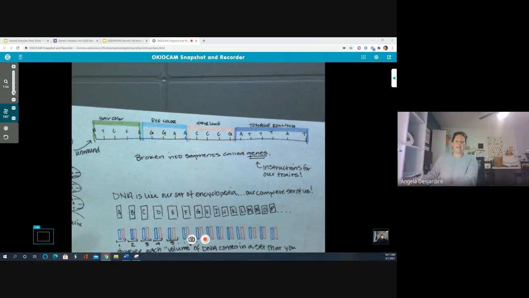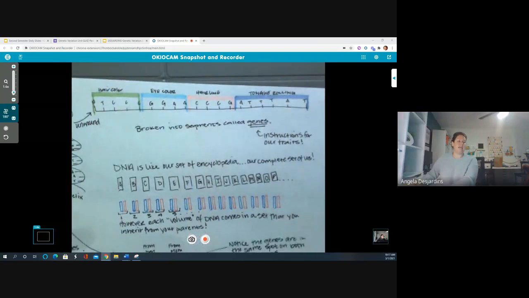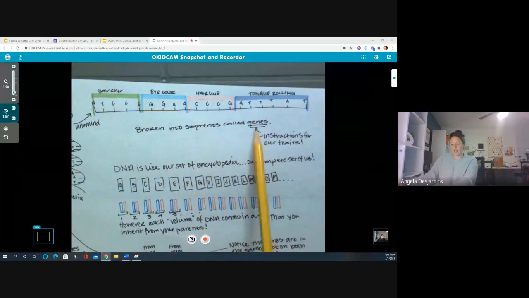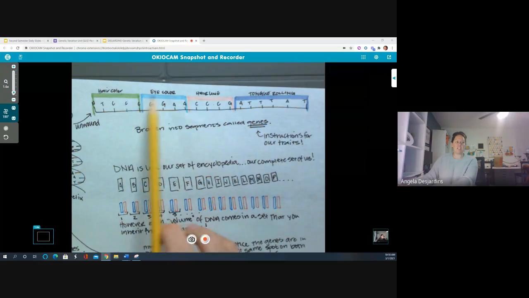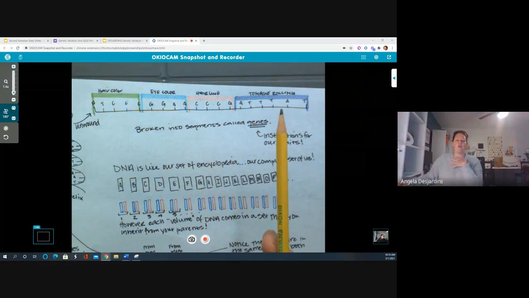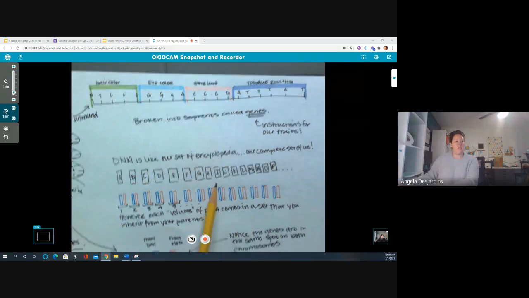The way your body organizes all of that information is that each strand of DNA is broken down into particular genes of varying lengths, and each gene is responsible for a different trait that makes you. So something about how you look, or how you physically operate, everything about you.